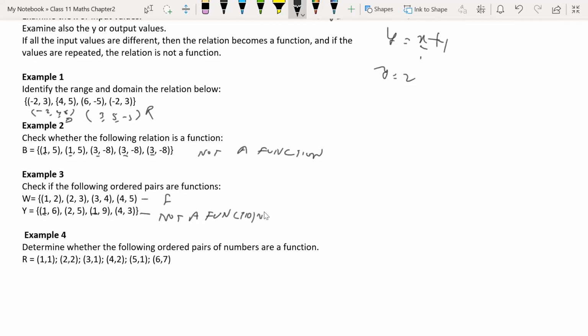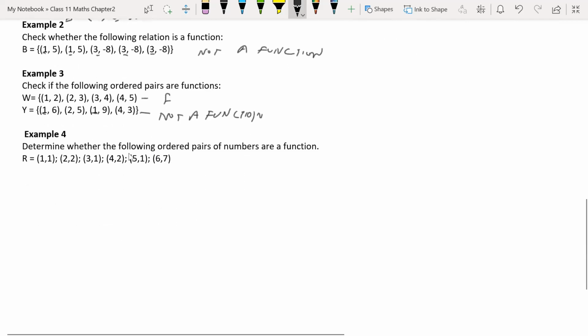Input values must not be repeated. If input values are different, then the relation becomes a function. And determine whether the following ordered pairs of numbers are a function: 1, 2, 3, 4, 5, 6. Yes, it is a function because all input values are different.